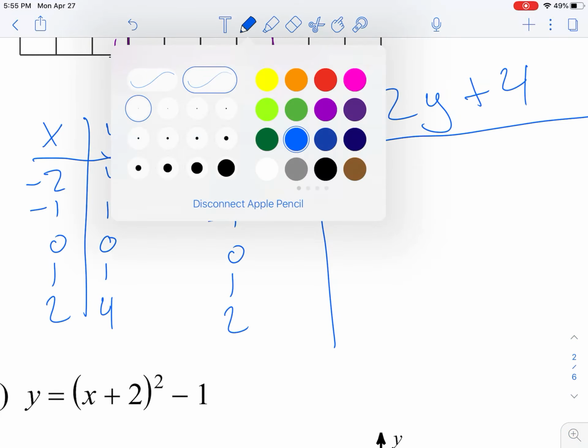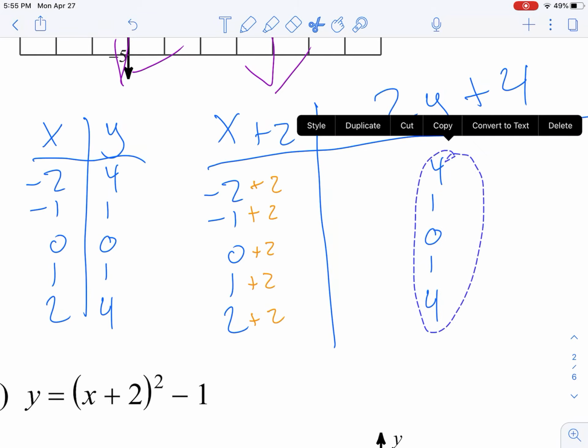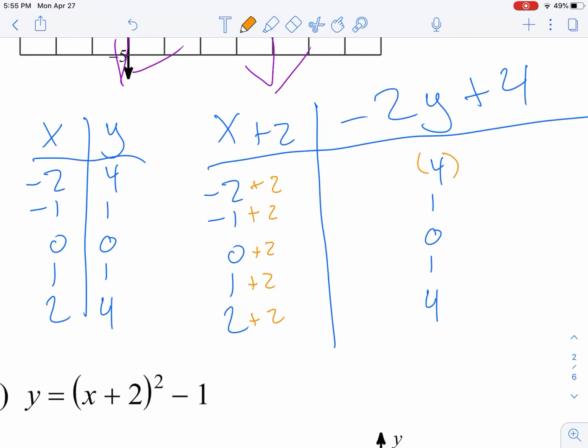And for each of them, we're adding 2 at the end. Okay, in the same way, here are my Y values, and we are doing all of this stuff to it.